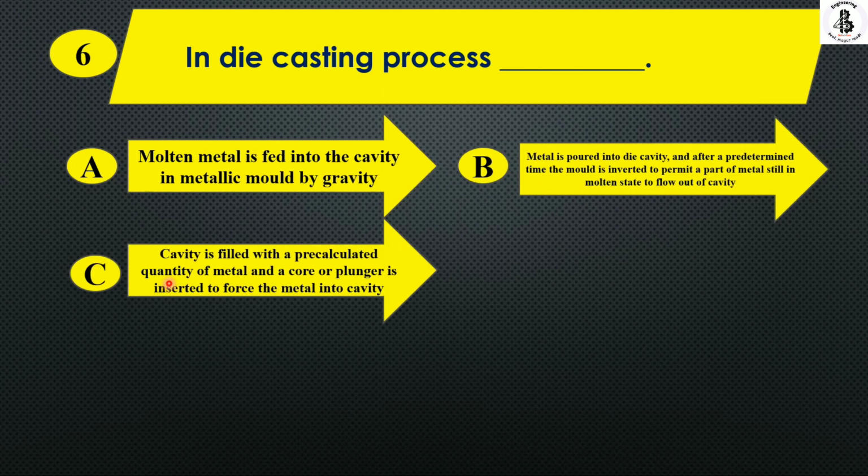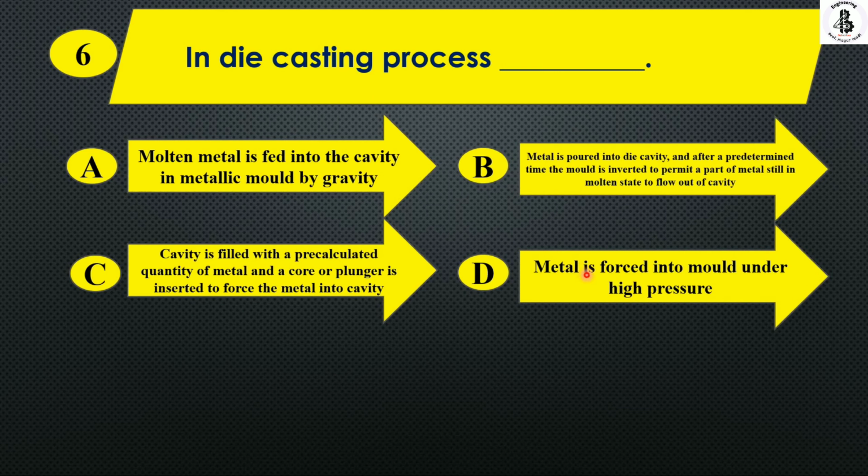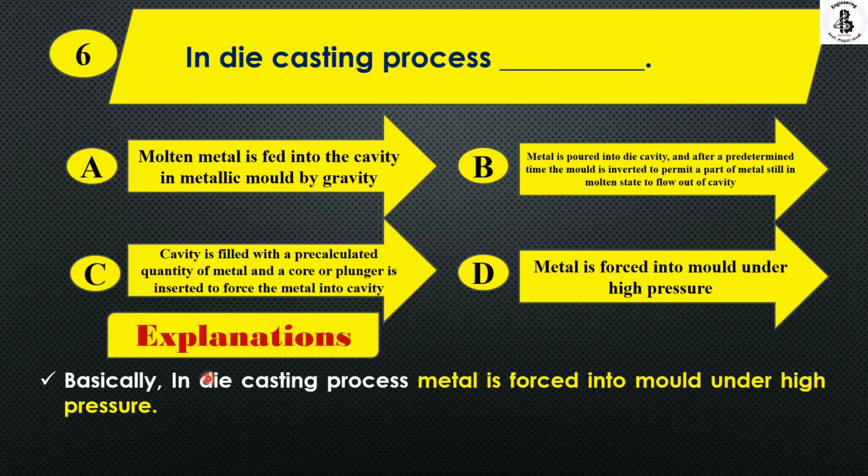Option C, the cavity is filled with a pre-calculated quantity of metal and a core, or plunger, is inserted to force the metal into the cavity. And option D, metal is forced into the mold under high pressure. This question depends on the working principle of the die casting process. Basically, in die casting, metal is forced into the mold under high pressure. So the right answer is option D.